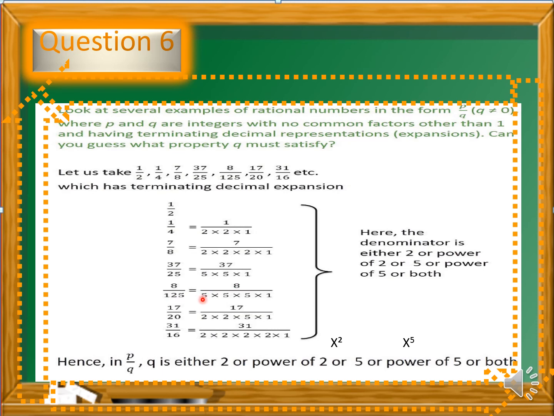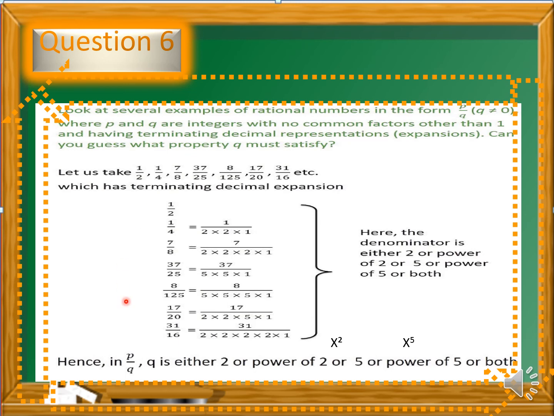Then the denominator 5 into 5 is 25, 25 into 5 is 125, 125 into 1 we get 125. 17 should remain the same. 20 we have to take: 2 into 2 is 4, 4 into 5 is 20, 20 into 1 we get 20. 31 must remain the same. 16: 2 into 2 is 4, 4 into 2 is 8, 8 into 2 is 16, 16 into 1 we get 16.